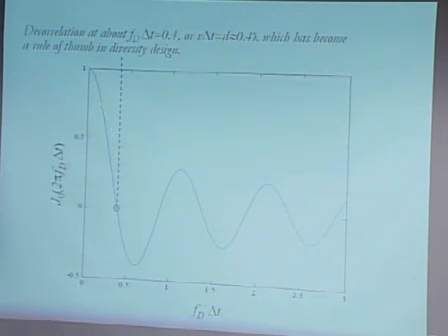Okay. For example, let me give you an example that maybe you've experienced in the past. Let's think about FM radio, like in the car, for example. The frequency of FM radio is 100 megahertz. That means the wavelength is 3 meters. Remember, it's just the speed of light divided by the frequency.